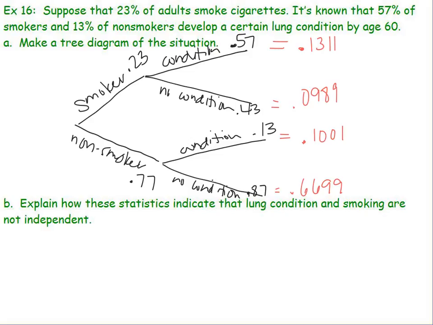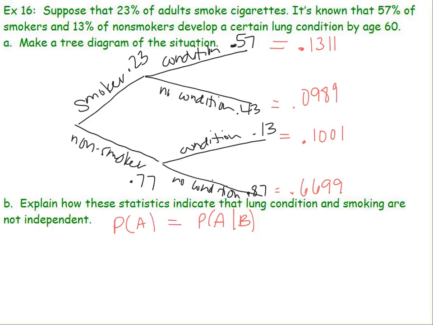So now we need to explain how these statistics indicate that lung condition and smoking are not independent. So this goes back to a couple of lessons ago. To be independent, the probability of A must equal the probability of A given B. So what we're going to decide, because the given has to come first, so our given has to be the smoker.